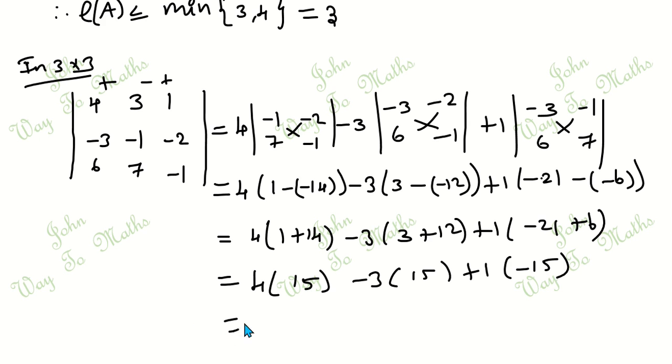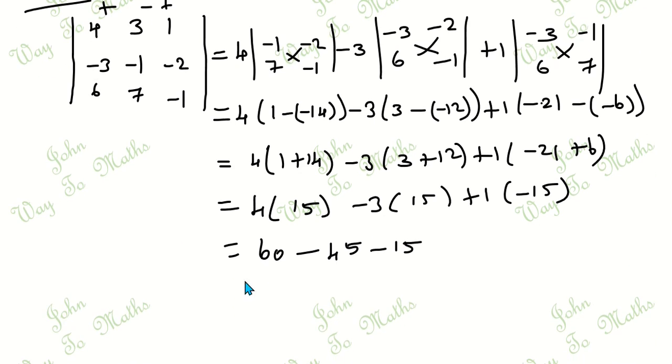So 4 times 15 is 60, minus 3 times 15 is 45, then minus 15, which is equal to 60 minus 60, which is equal to 0. So the determinant value becomes 0.